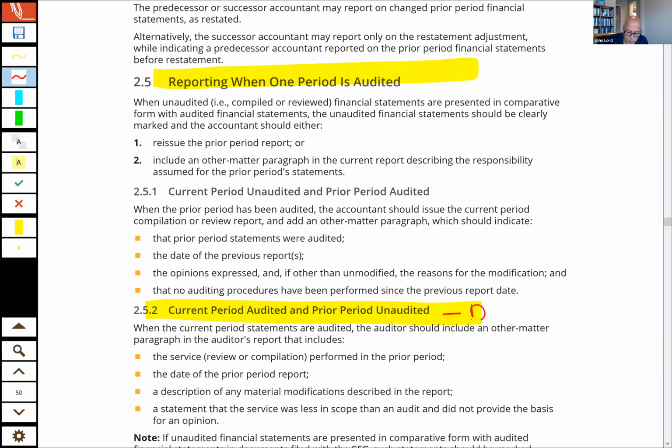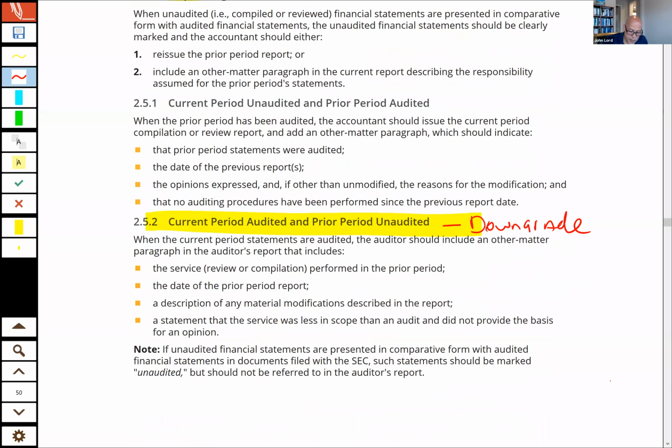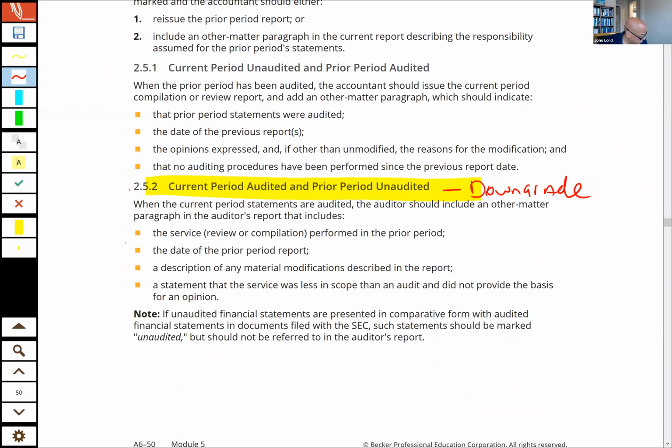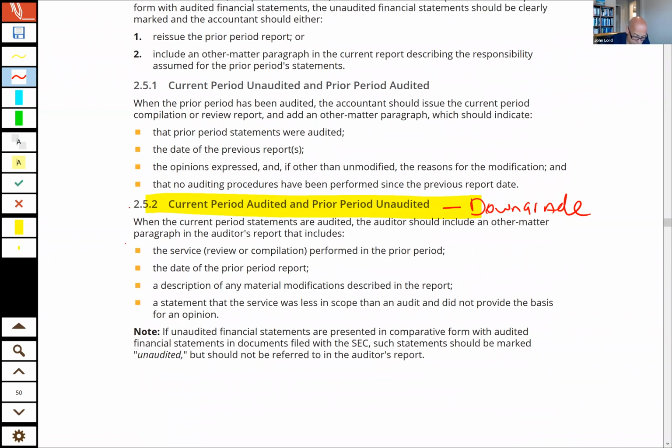And then again, report when one period is audited, current period audited, prior period unaudited. We have what? Again, we have the downgrade. Anytime you see a downgrade, you're going to do what? You're going to include that comment that no audit procedures have been conducted since the date of that previous report. Where is that? Right here. Okay.